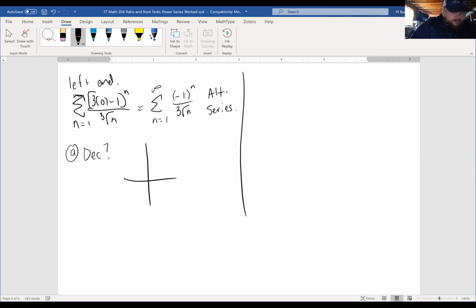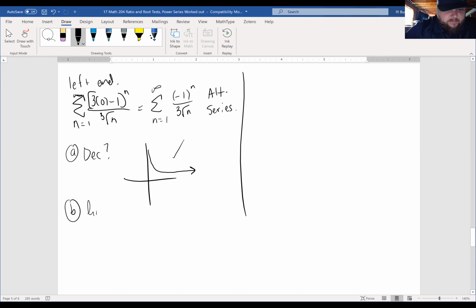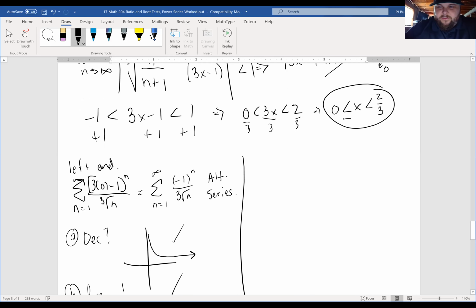So graphing that, it looks something like this. So that is decreasing. And then the second part is this guy going to 0, and we take the limit as n approaches infinity of the absolute value. So that would be just 1 over the cubed root of n. That very easily goes to 0. If it meets both criteria, this converges for alternating series, which means we're going to include 0.